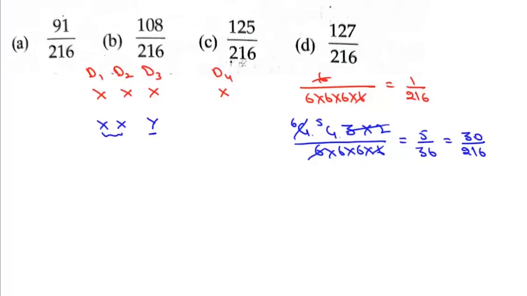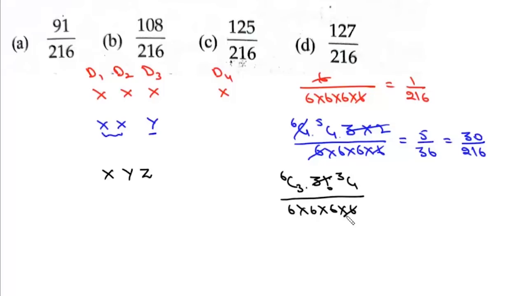Now we'll have the third case, when all the 3 numbers are distinct. So it will be x, y, z. We have to choose 3 numbers, which can be done in 6C3 ways. Now these 3 numbers can be distributed among 3 dice in factorial 3 ways. And D4 can take any one of these 3. So it will be 3C1 divided by 6 into 6 into 6 into 6.